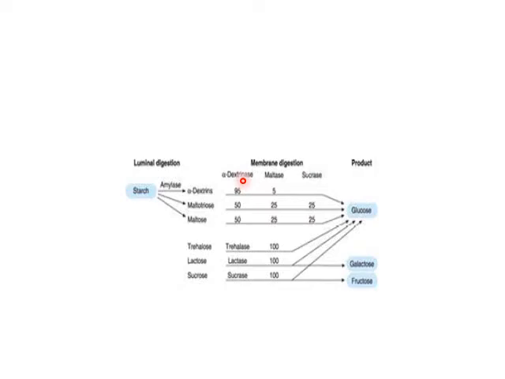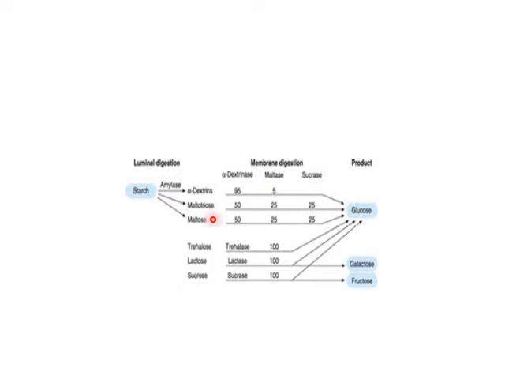Alpha-dextrinase or isomaltase mainly hydrolyzes the 1,6-alpha linkages present in alpha-dextrins. In association with maltase and sucrase, it breaks down maltotriose and maltose.